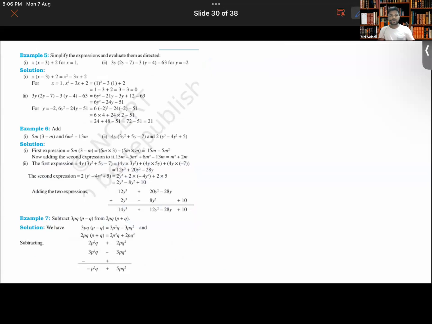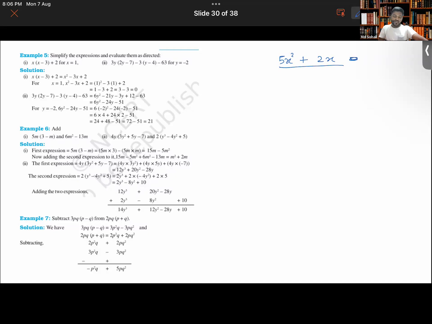Now the next thing we are going to discuss is how do we simplify expressions. How do we simplify an algebraic expression in which the values are given. For example, let's say 5x plus 5x squared plus 2x equals, this is an algebraic expression, let's say.